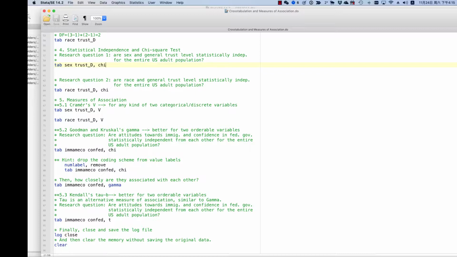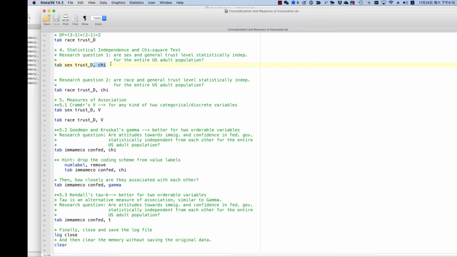So, the first step is to test statistical independence between two variables for the entire population. To get this job done, we only need to include the chi option in the cross-tabulation command.